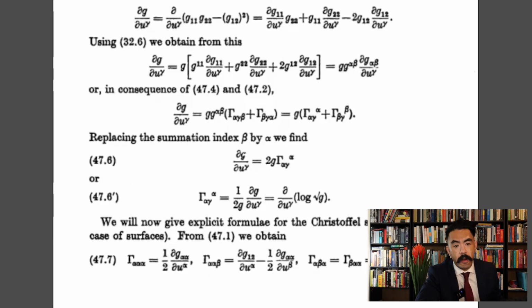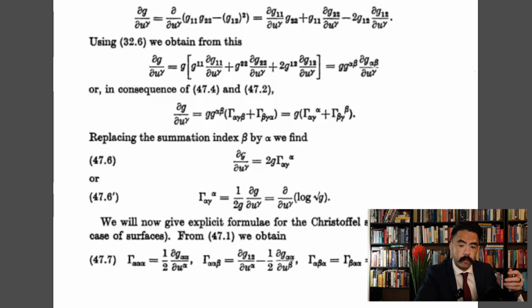Using the contravariant metric tensor, we obtain from this ∂g/∂u^γ = g (g^11 ∂g_11/∂u^γ + g^22 ∂g_22/∂u^γ + 2 g^12 ∂g_12/∂u^γ) = g g^αβ ∂g_αβ/∂u^γ.